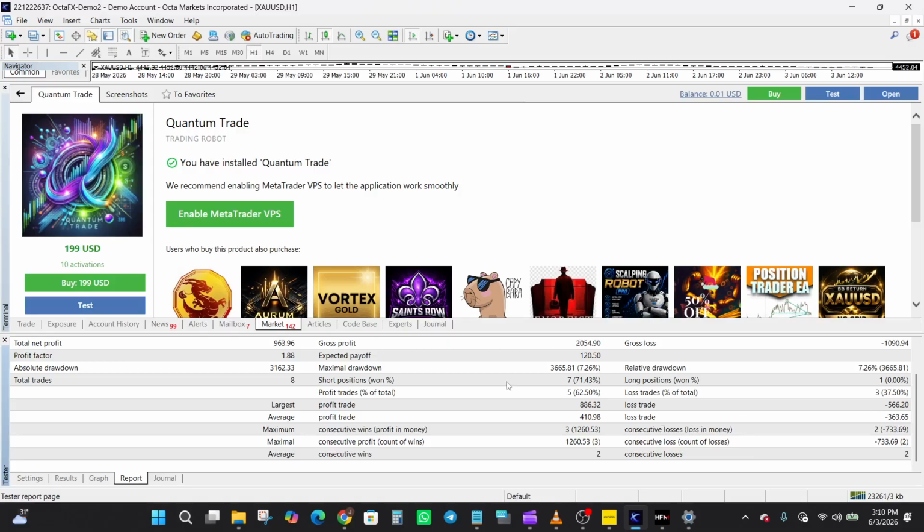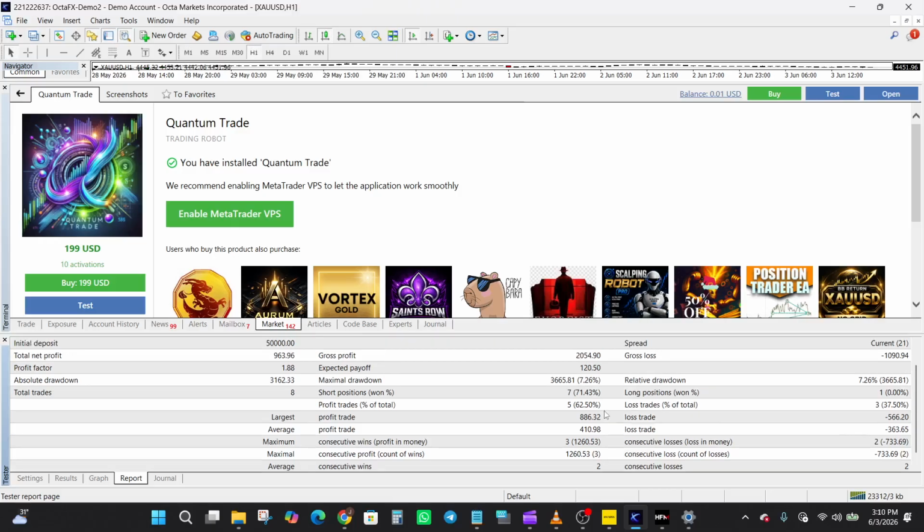Now, this shows that the risk to reward ratio is not really good enough. Judging from the average profit and average loss, we can see that the risk to reward ratio is close to 1:1. All right, and then the win rate is not exactly very impressive, right?